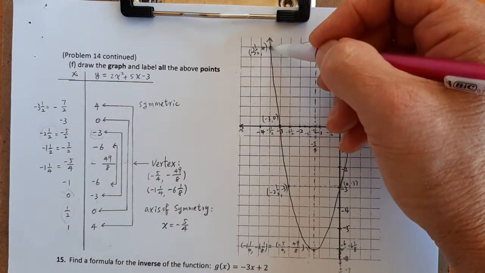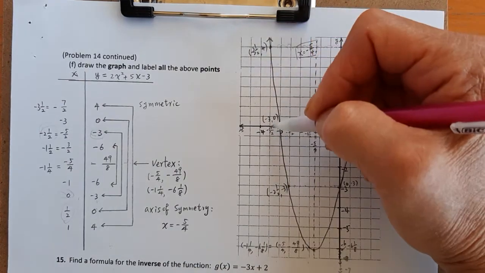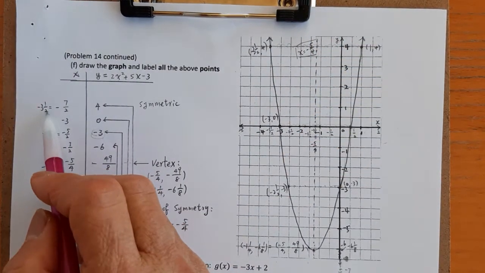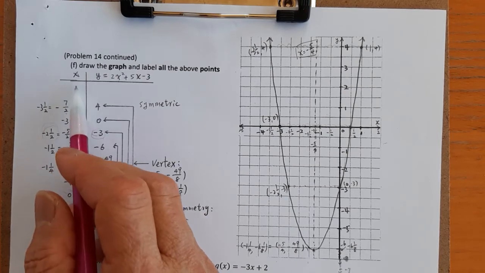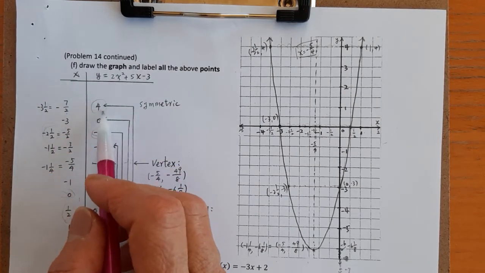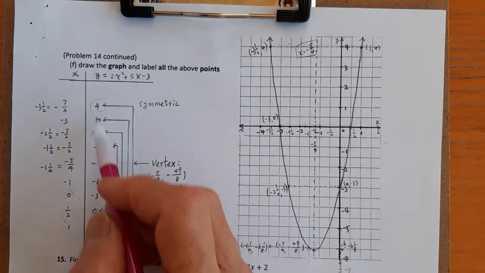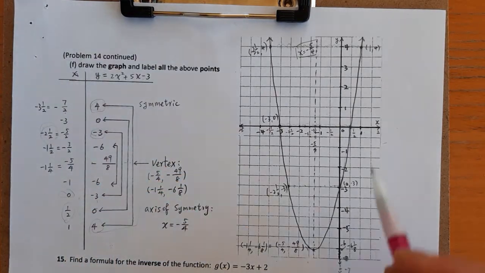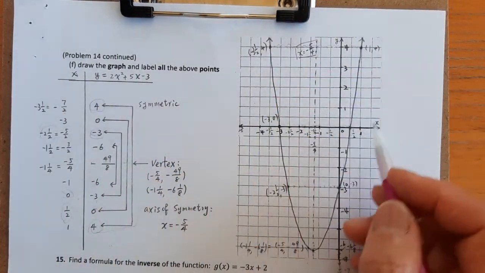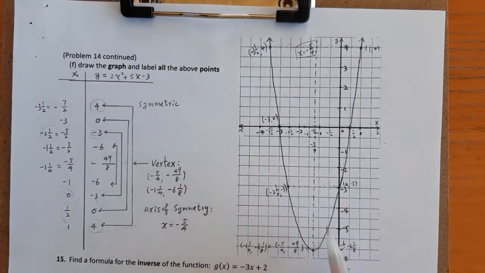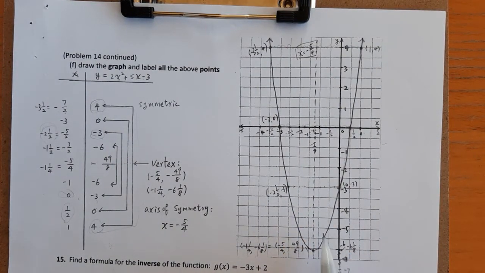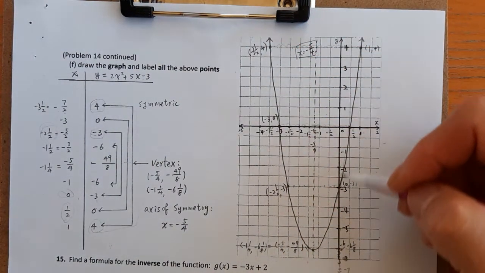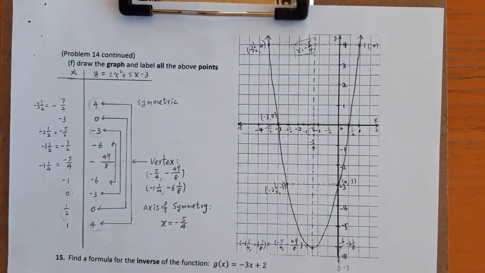This point is negative 3 and 1/2, so it's negative 7/2. Put it in, x also gets 4. Symmetric, same function value, 4. And you have those 7 points. Connect the points and get a parabola.